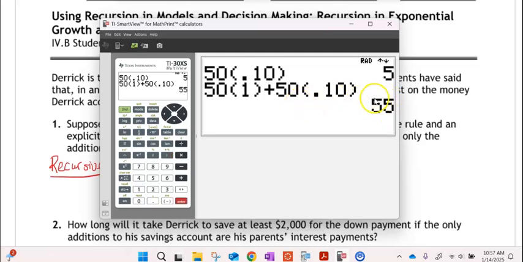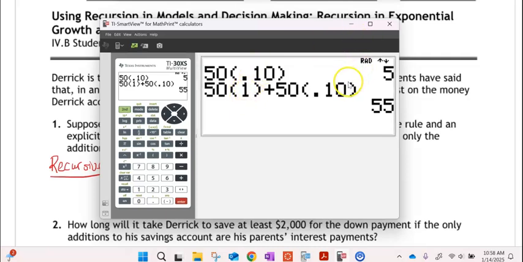So you see how this takes that $5, the 10%, and adds it to the $50 that we started with. So this 1, when we're talking about percentages, because this 10% is 0.10 written as a decimal, what is 1? That's 100%.